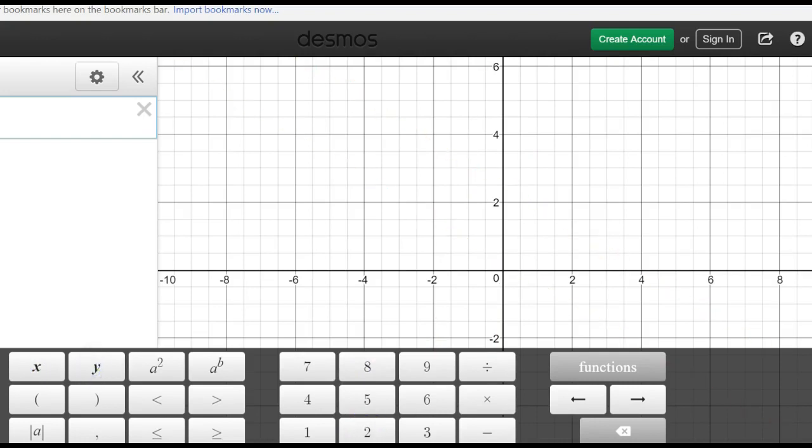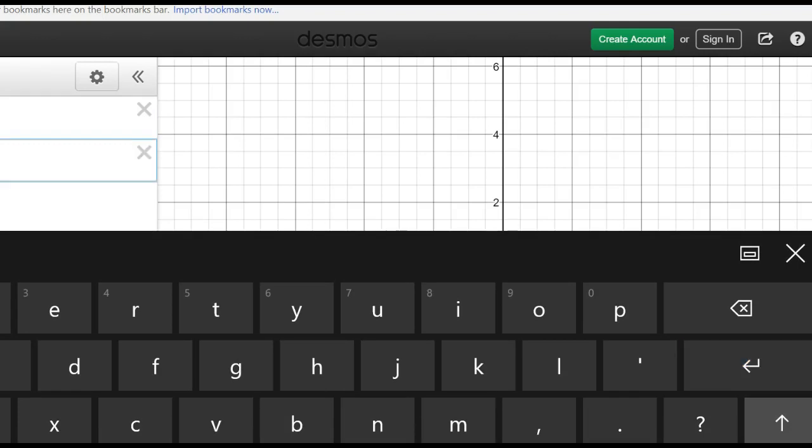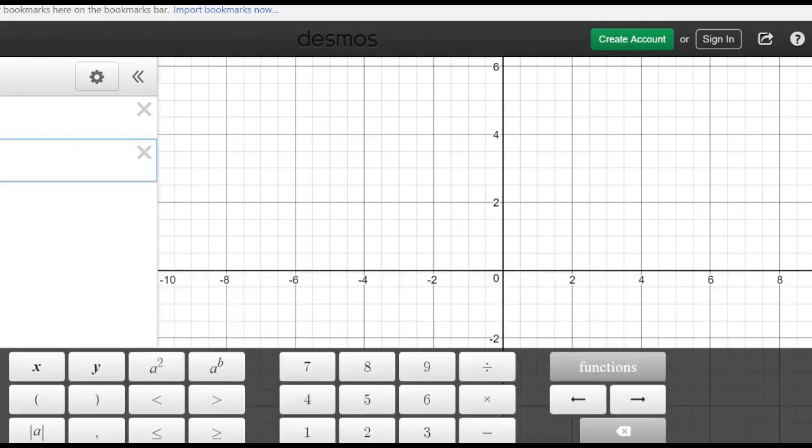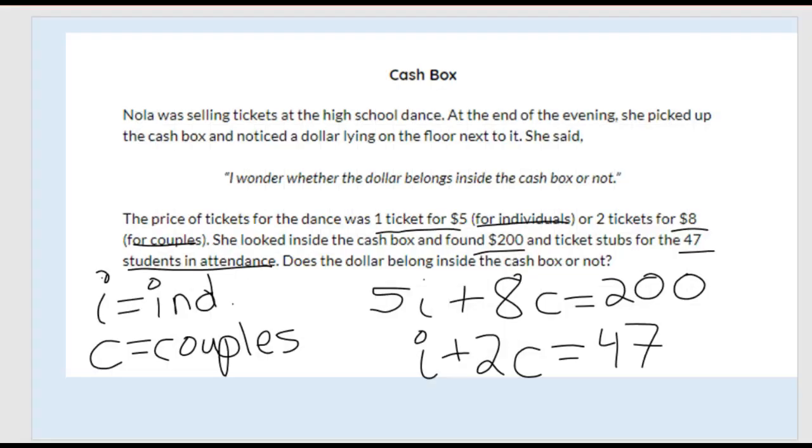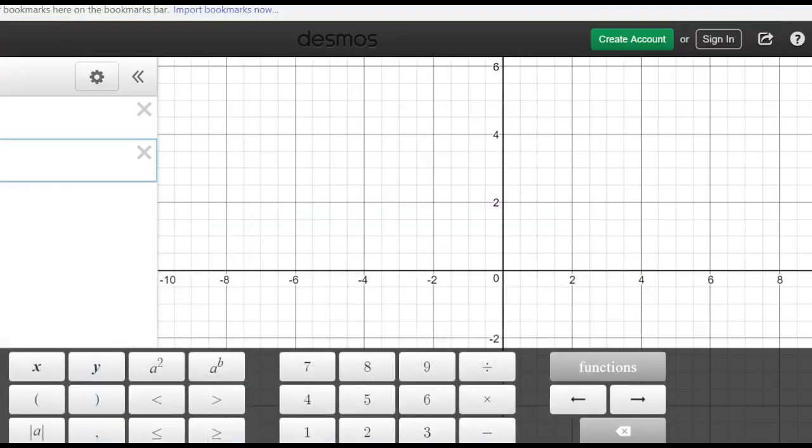The reason I'm using x and y instead of I and c is because I don't see those options here. Then I have I plus 2c equals 47. So I'm going to use x plus 2y equals 47. Now let me see if I can drag this a little bit.